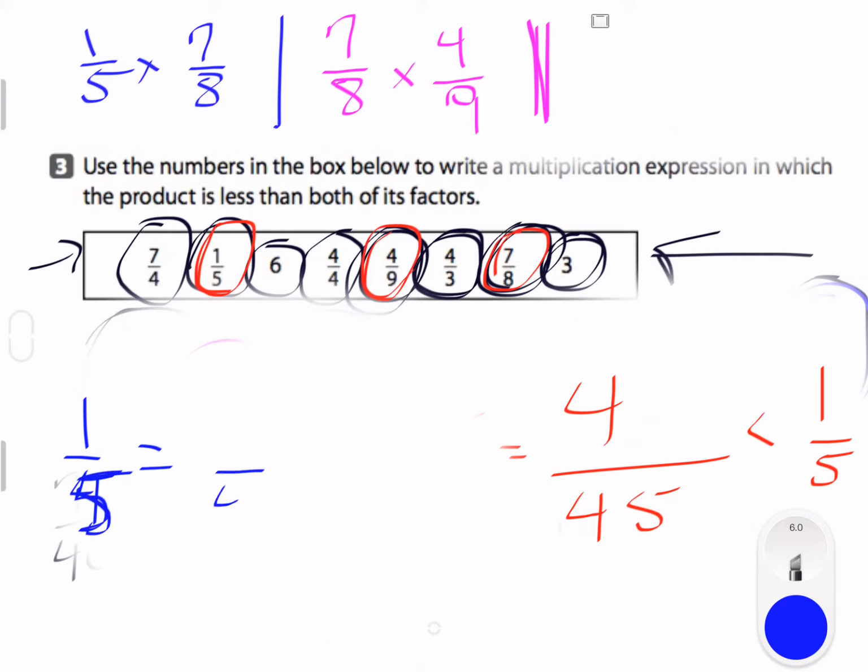1/5 equals how many 45ths? Well, let's multiply the top and the bottom by the same number. 5 times 9 is 45. And 1 times 9 is 9. So 9/45 is what 1/5 is the same as. And we got 4/45. So we're good.